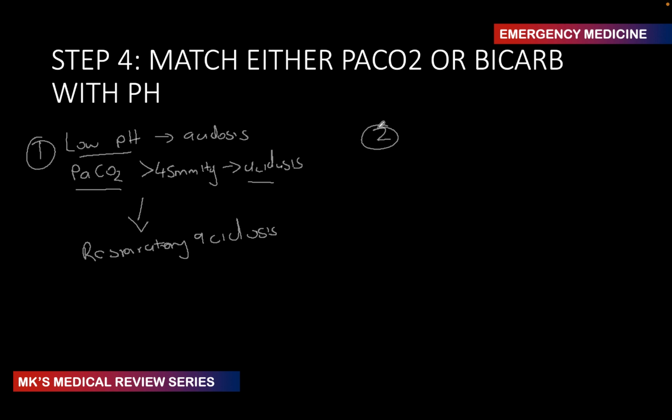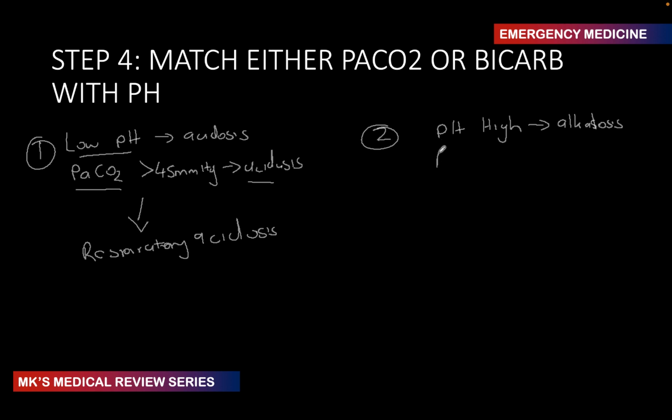Then our second scenario: now let's say we have a pH that is high. Remember, if your pH is high, greater than 7.45, this is pointing towards an alkalosis.